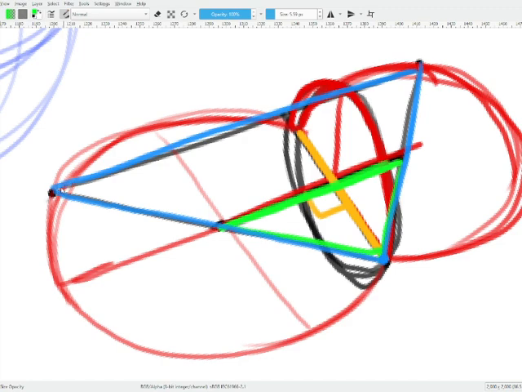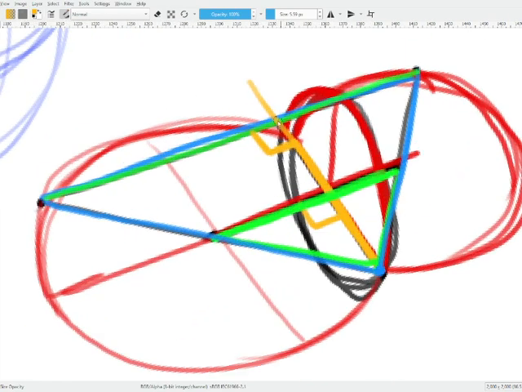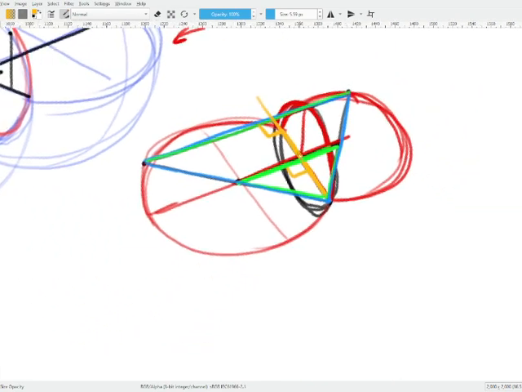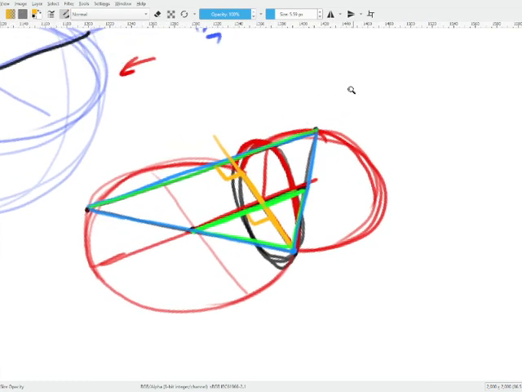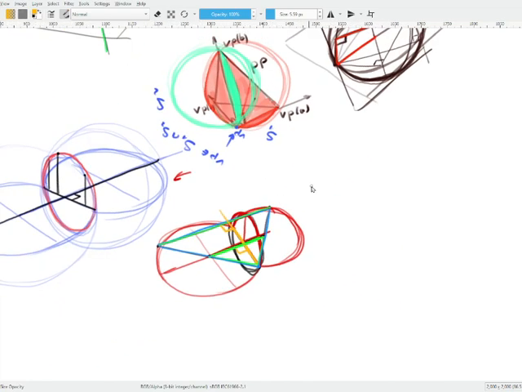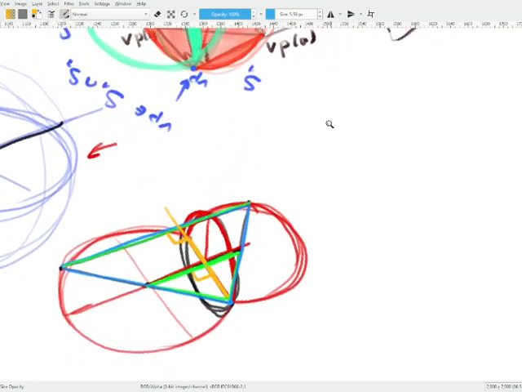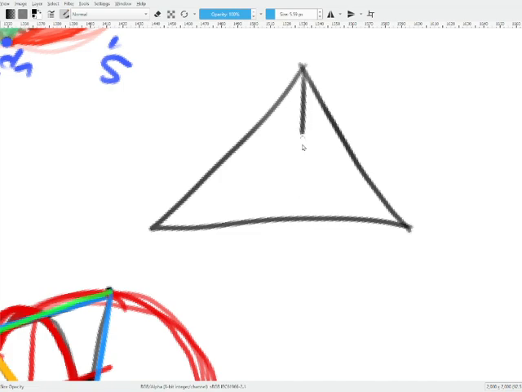But if these two lines are parallel, then if we continue this line, it would be orthogonal to it. So this line is the height of our triangle. So our point, which we want to find, will lie on the intersection of the heights of our triangle. Let's draw just a triangle. We draw all heights.